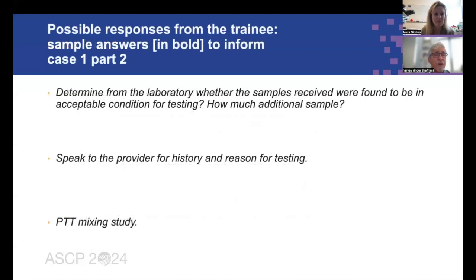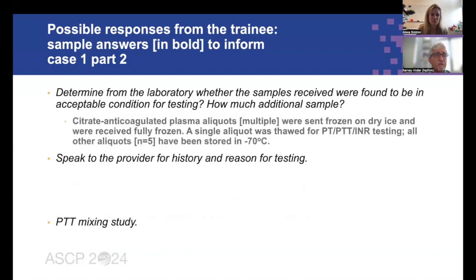Now, our evaluation of the trainees' responses. The trainee responses are here in italics, and our responses might be as follows. So they've asked to determine from the laboratory whether the samples were in good condition and how much additional sample was present. Our reflex response would be that there's a citrate anticoagulated plasma sample.